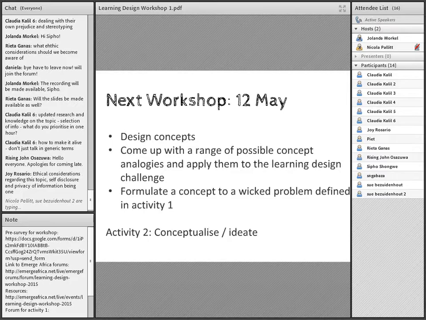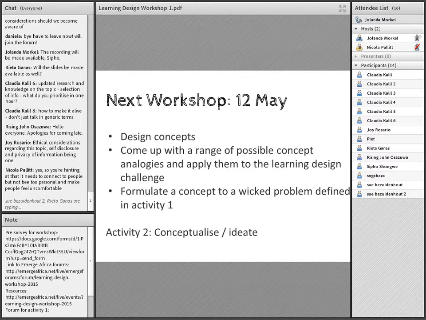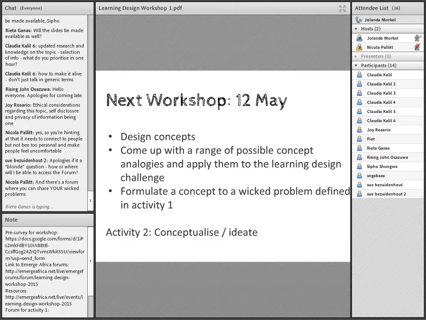If you would all be willing to participate in the forum, that would be great, so that when we move on to conceptualizing, we have a clearly defined problem or problems to work with. In your conceptualization, you will refer to your framing of the problem, so there's a link between the two. We can do a lot more work in the forum after this workshop and before we meet again next.